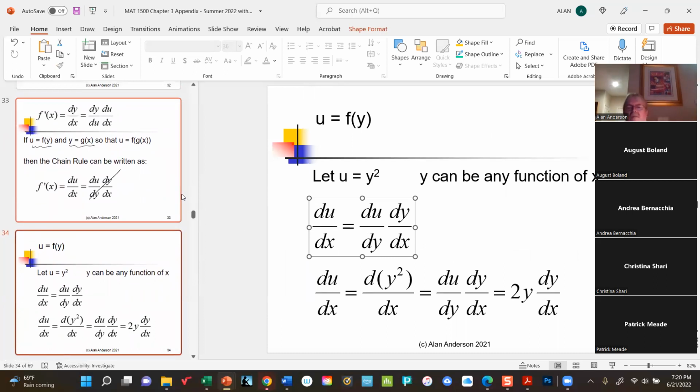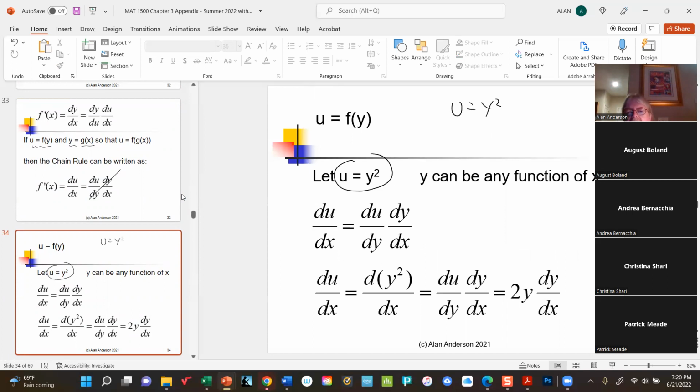what do we know? Okay, well, again, we have du/dy times dy/dx, because of this relationship. What you're basically doing is taking the derivative of u with respect to y, and that part gives us 2y.